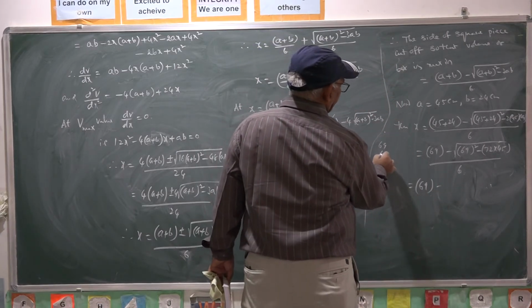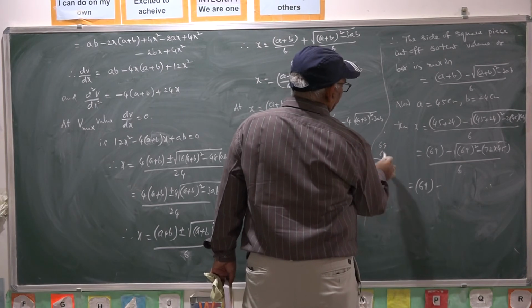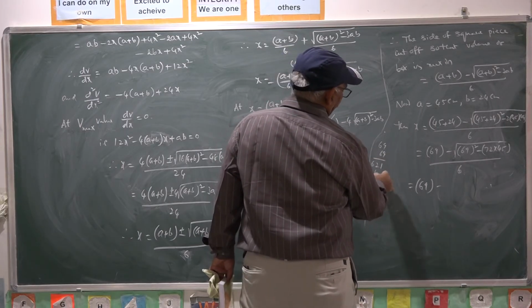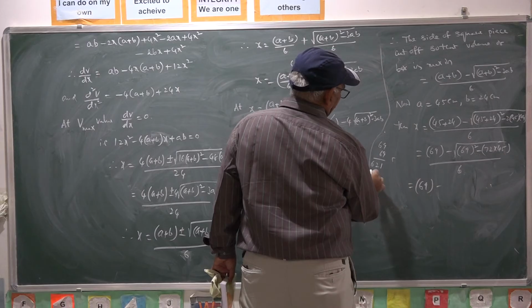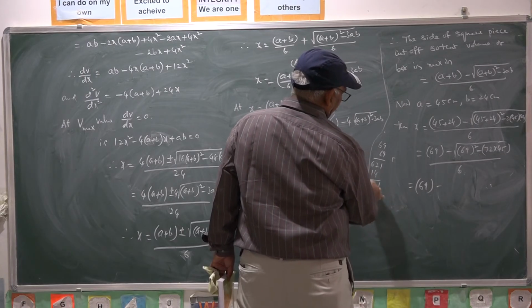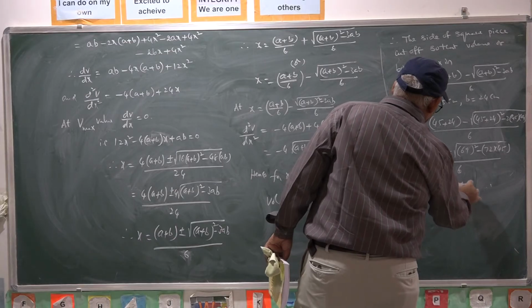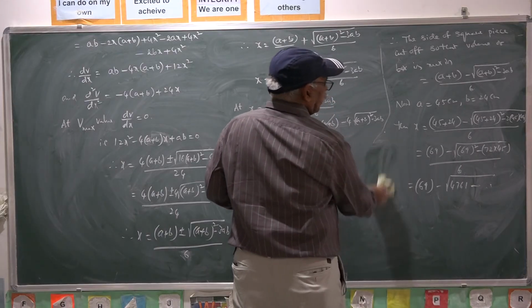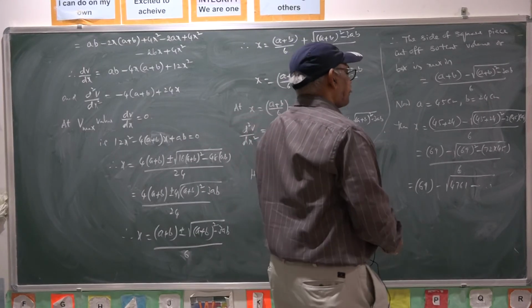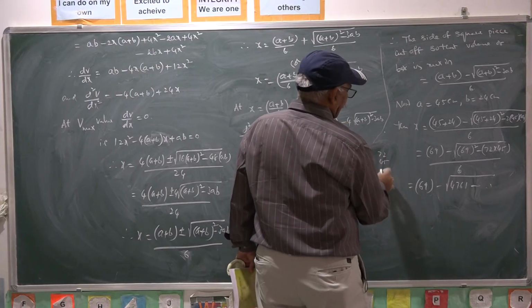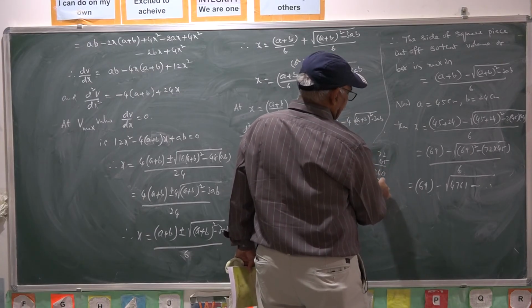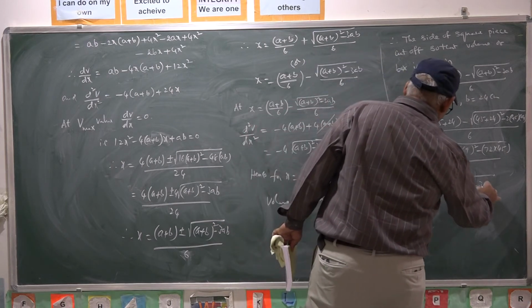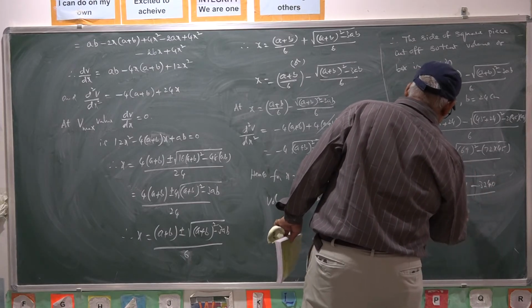Let us consider 69 square, 4761, minus 72 into 45, which is 3240, by 6.